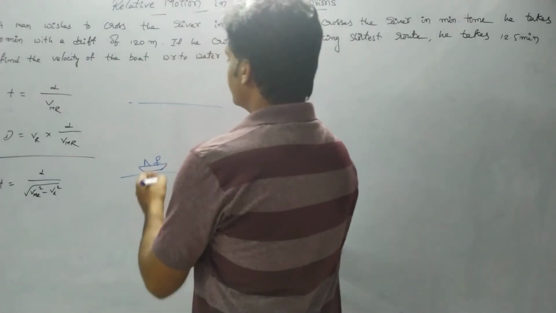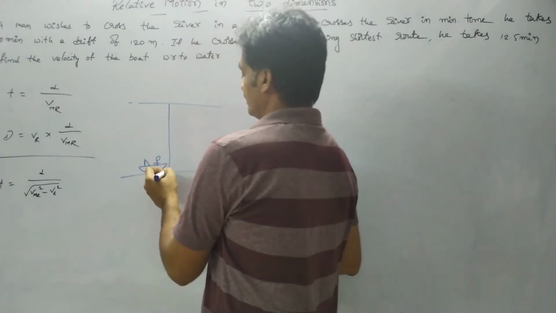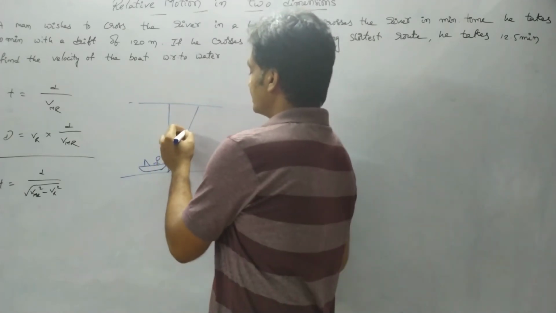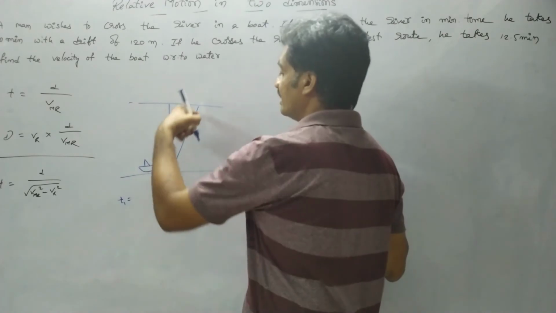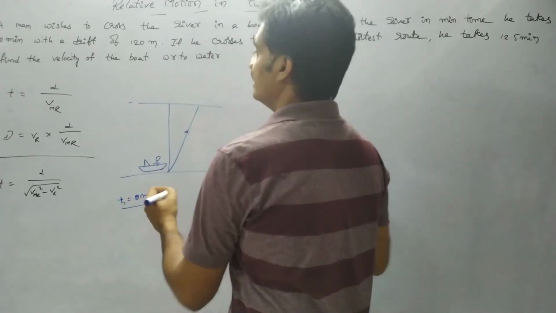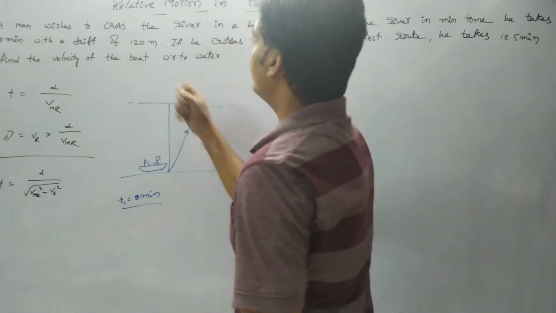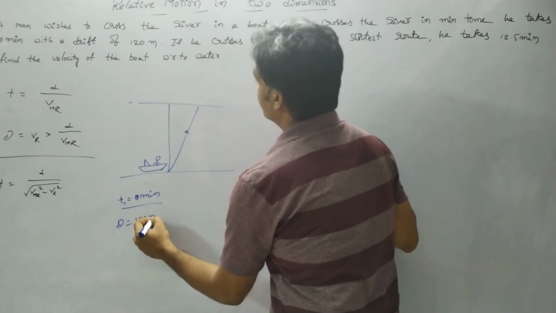So the time taken by the man to cross the river is 10 minutes. Let us consider it as T1, with a drift of d equal to 120 meters.